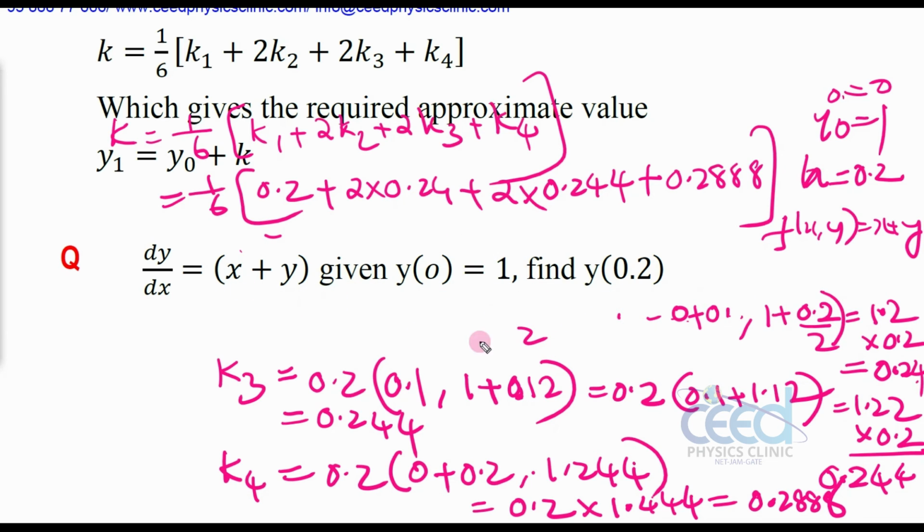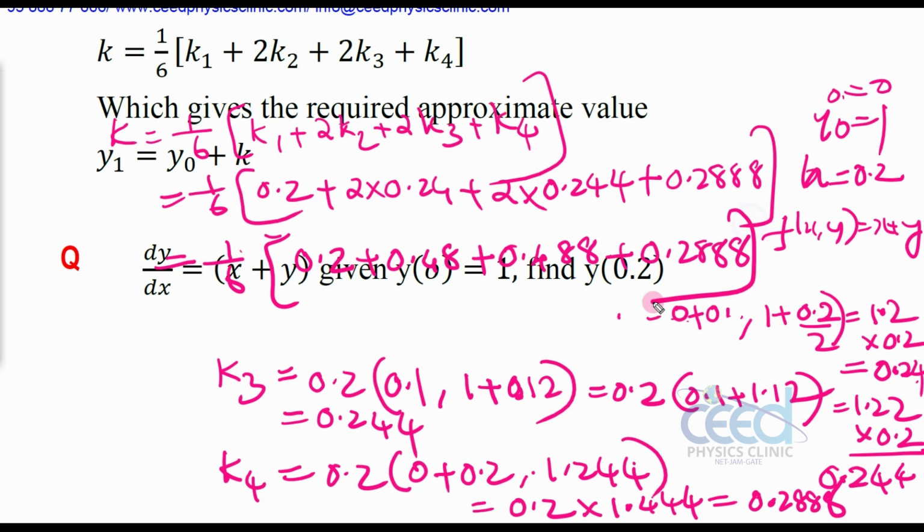So 1 by 6 into 0.2 plus 0.48 plus 0.488 plus 0.2888. So we add this and divide by 6.